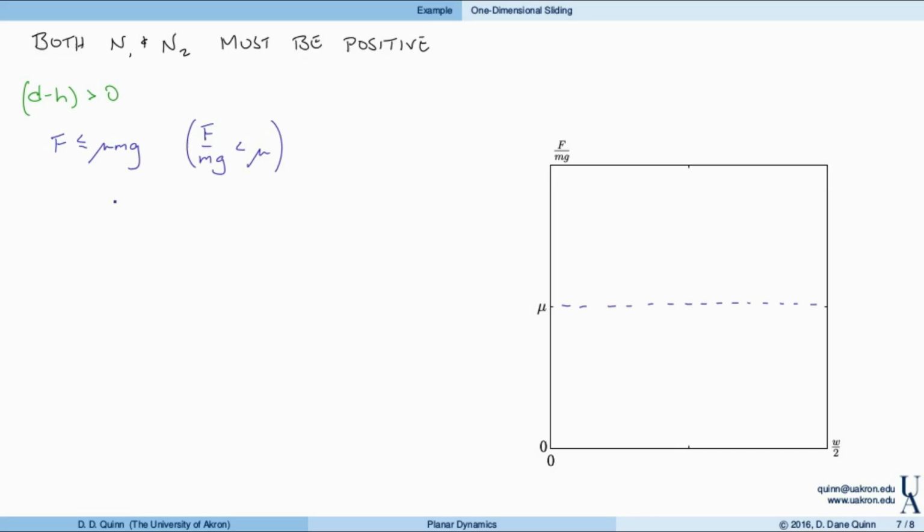So F star over mg equals w over 2 divided by d.